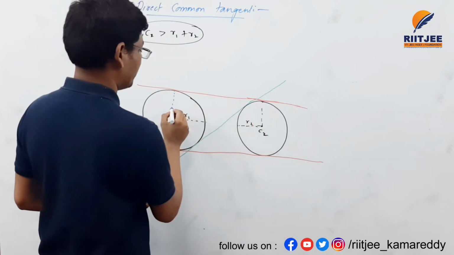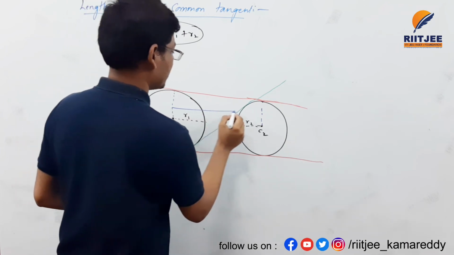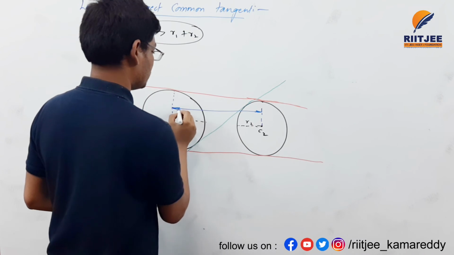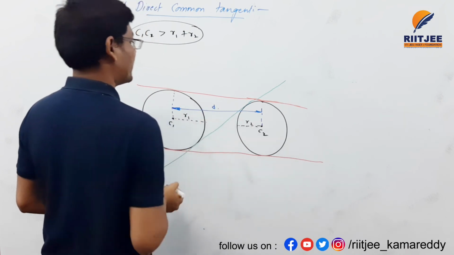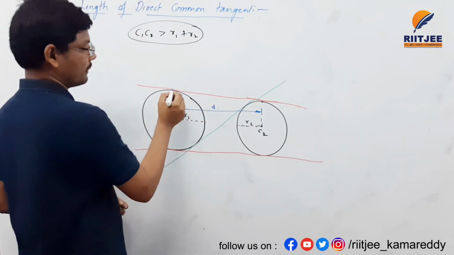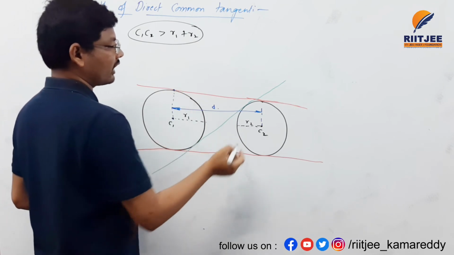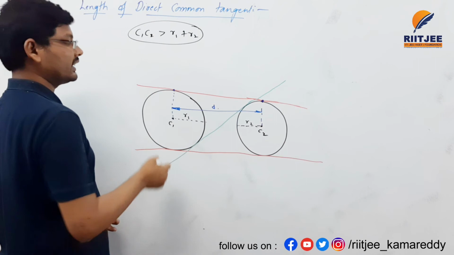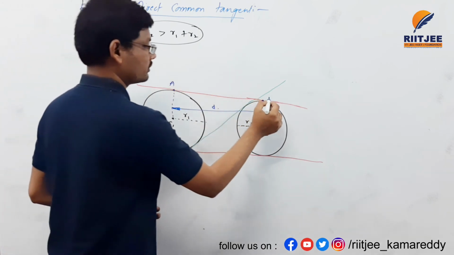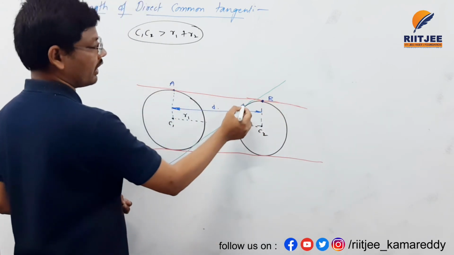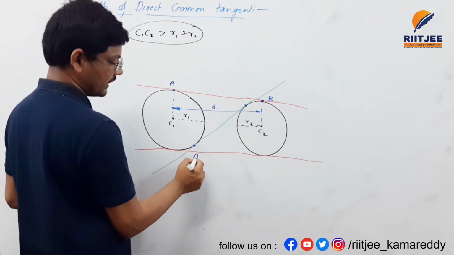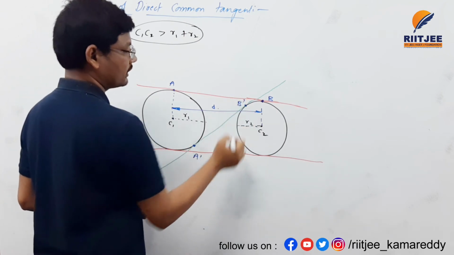The distance between these two centers is D. The points of contact of the direct tangent I am taking as A and B, and the points of contact of the transversal tangent to the circles I am taking as A' and B'.